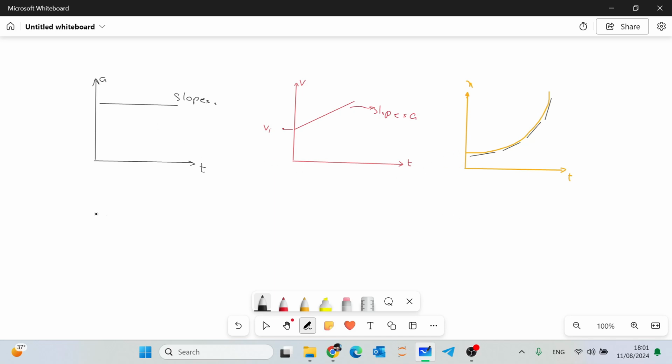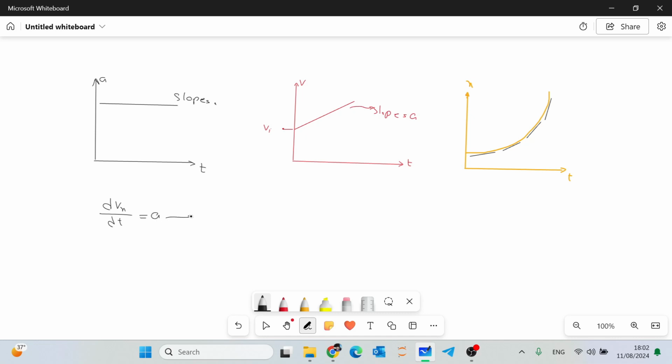So in this situation, if we are moving in the x direction, dvx over dt, the differential of our velocity with respect to time, equals a, which is a constant.